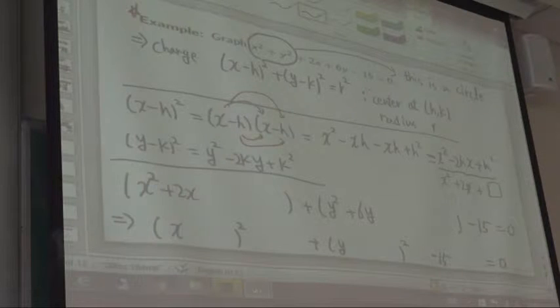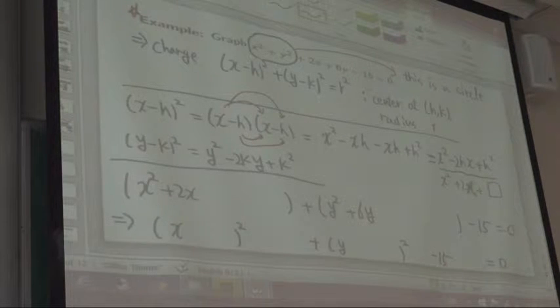If we have x squared and the 2x, what do we need here? What is h if we compare these two equations? We have x squared and x squared. That means negative 2hx should be plus 2x. What is h?